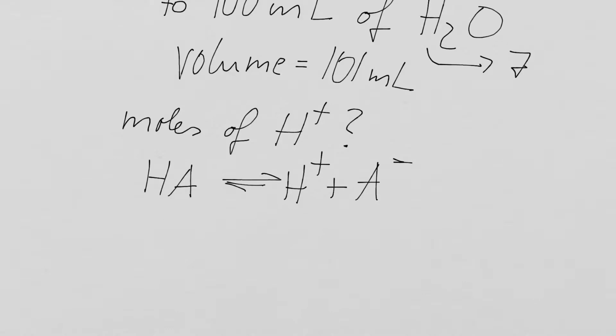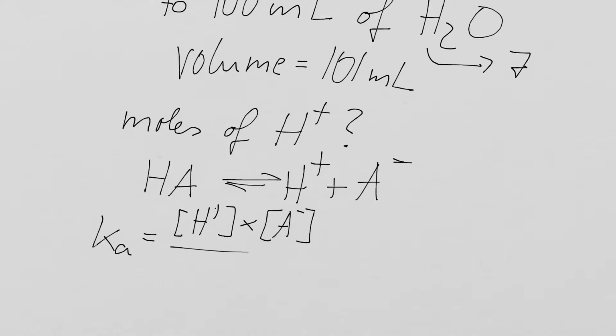We can write Ka equals H plus times A minus divided by HA. Well, we have to bear in mind that this is always at the end when we've dissolved it already in water. So I indicate this by end.